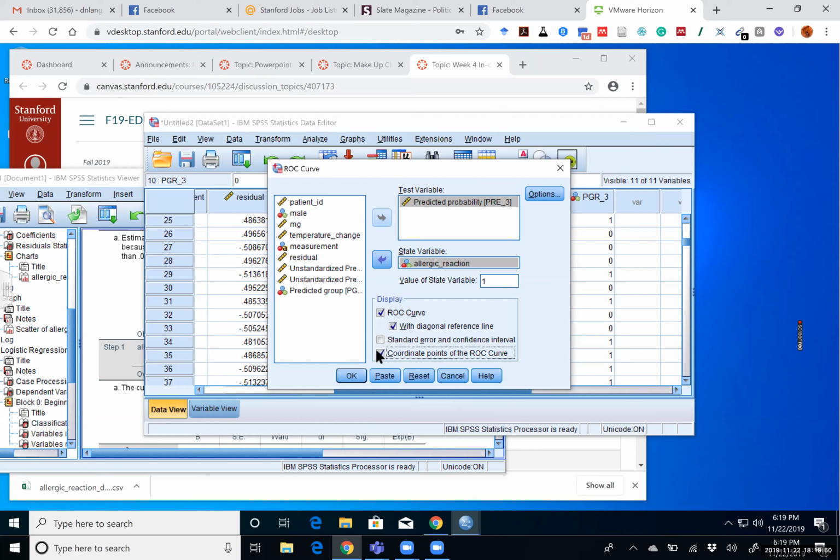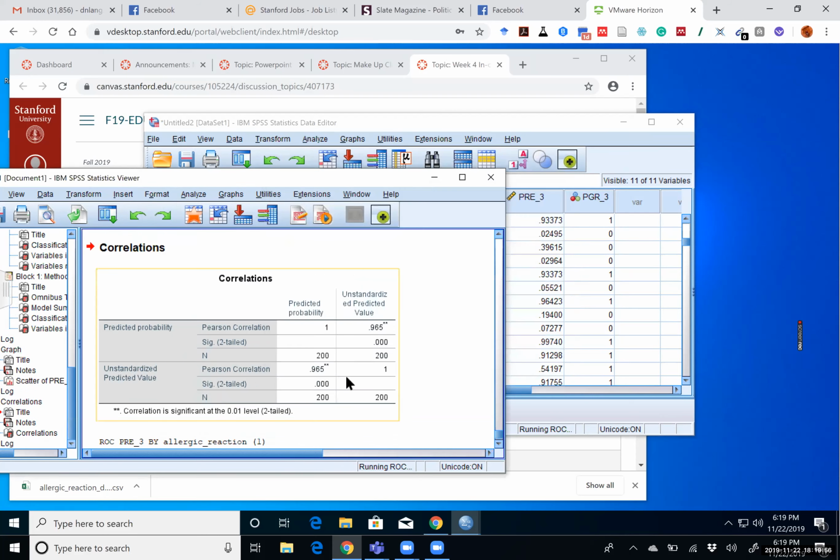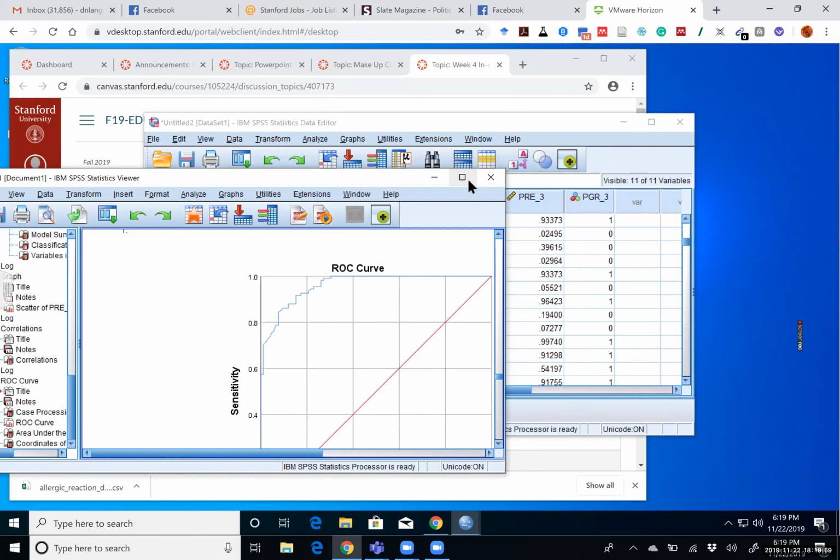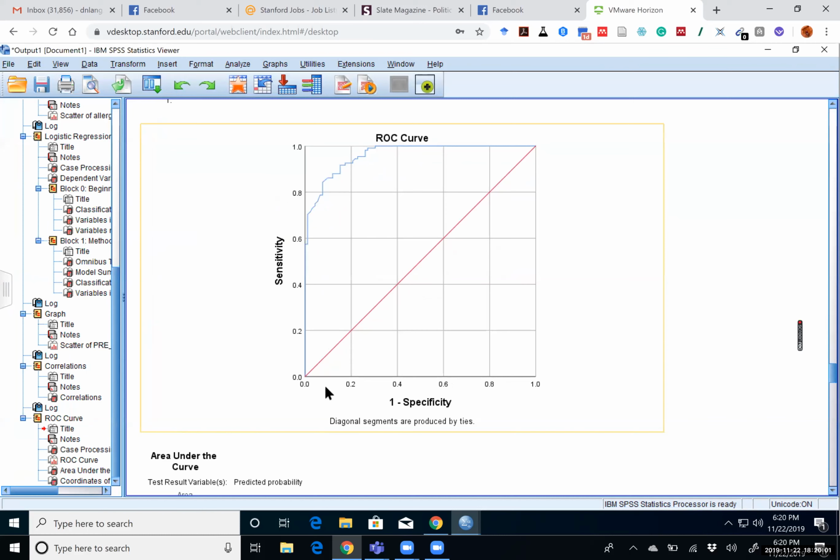And I also want to plot and illustrate some of the cutoff points. Okay, so I'm going to do that. And then we get this curve. And what you can see here is that this red line corresponds to what is called a random guessing line.